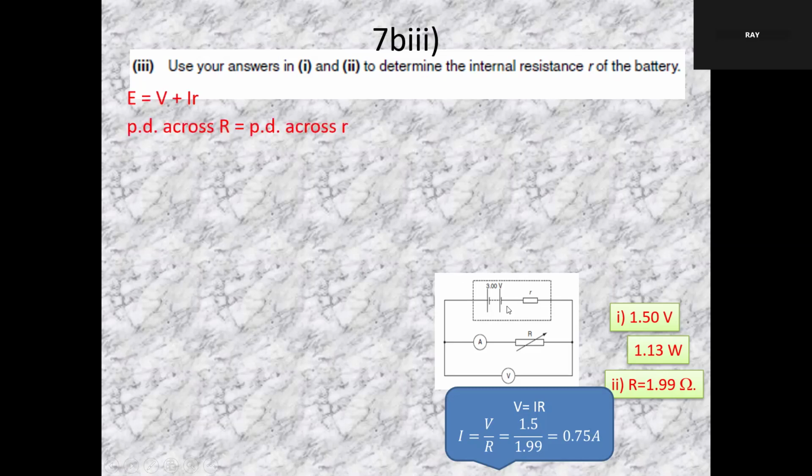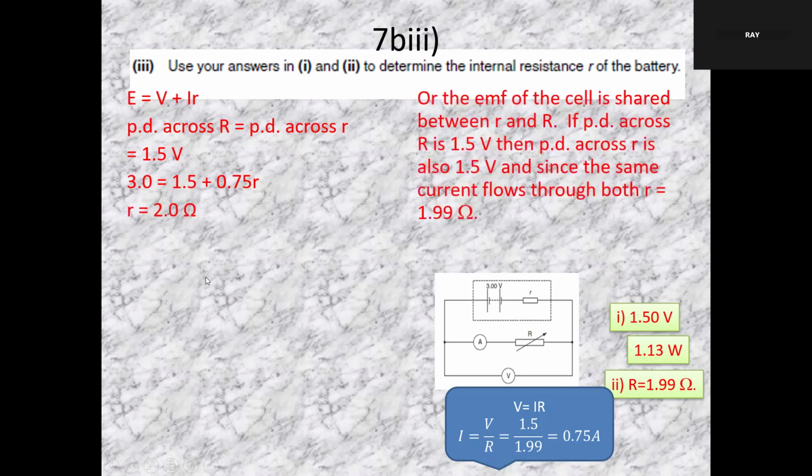Or you can work it out: EMF equals I times (r plus R), and the PD across R equals the PD across small r. Put your values into that equation, and it's about 2 ohm. Or argue it out: 1.5 here is half of 3 volts, so 1.5 across here, so the two resistances must be the same.